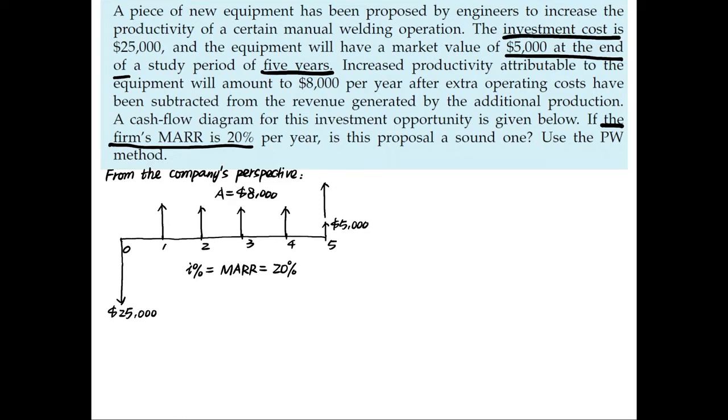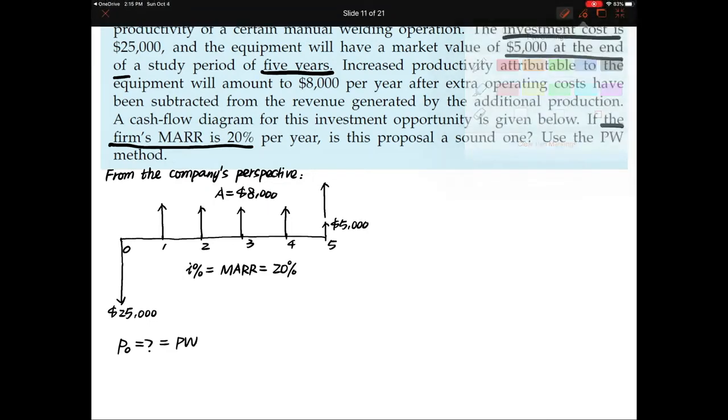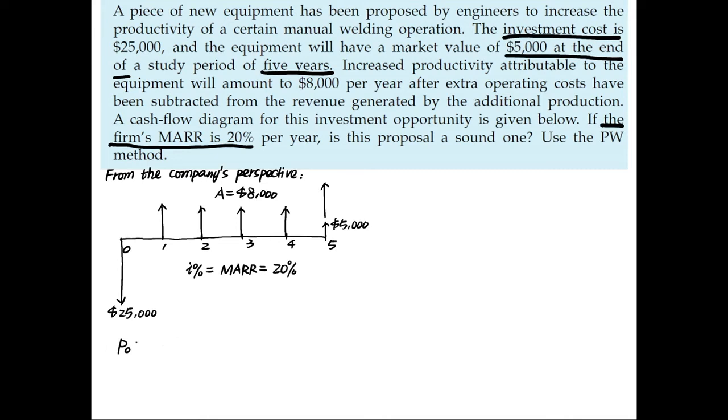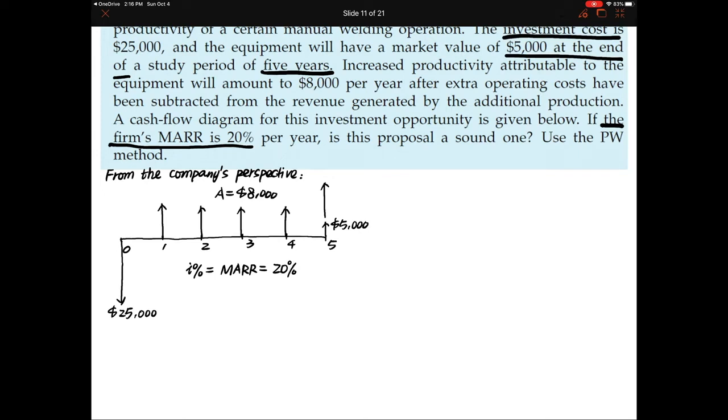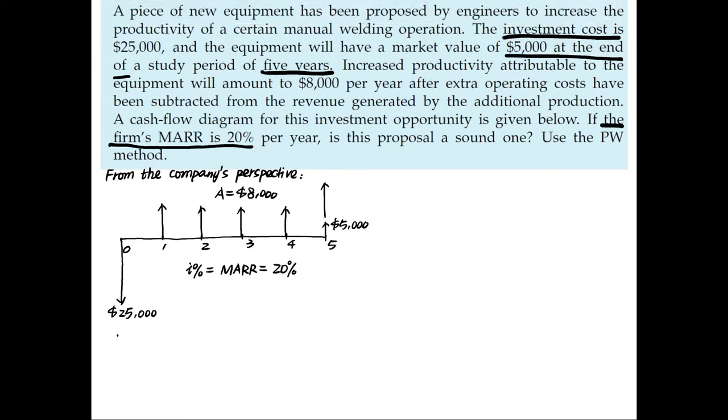Now you want to convert everything back to the present to have the PW, the present worth. Actually, what you want is P0. It's better to write it this way. With the present worth method, you want to calculate the PW, but actually it is P0.